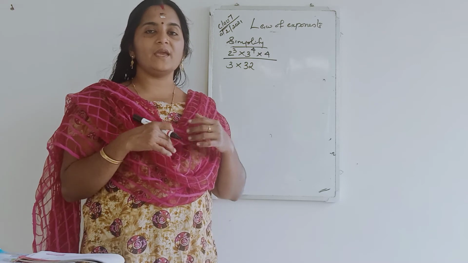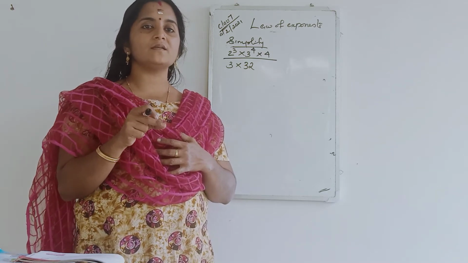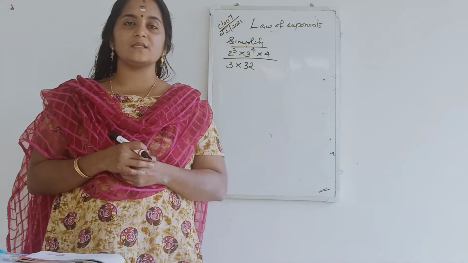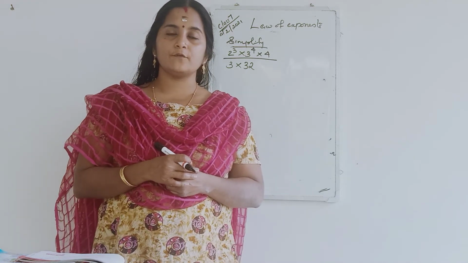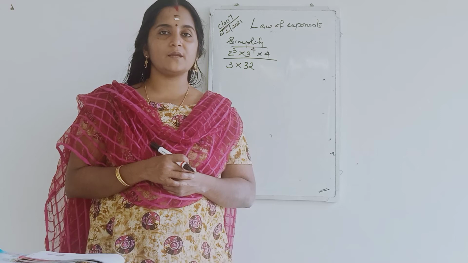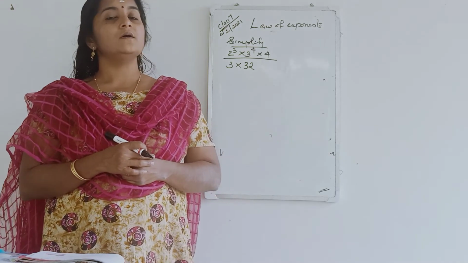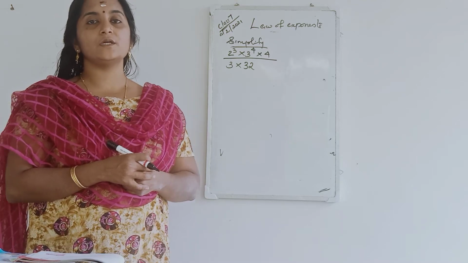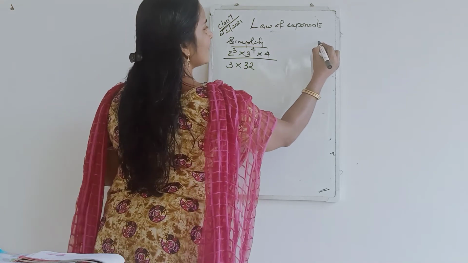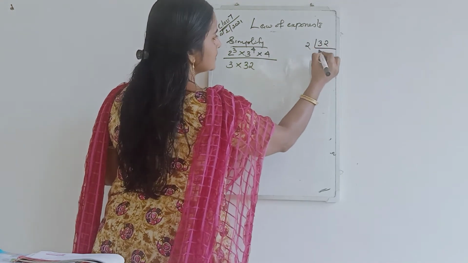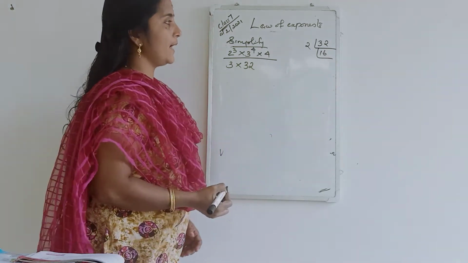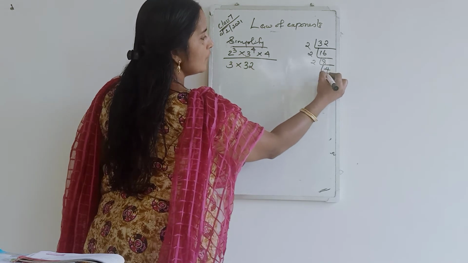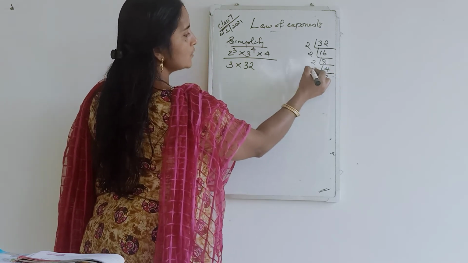So here we convert that 32 also into powers of 2, because it is not possible to write it in the form of powers of 3, because it is an even number. 32 is an even number, but we can write it in the power of 2. So first we split 32 into a product of primes like this: 2, 2s are 16, 2s are 8, 4, 2, 1. Counting the 2s: 1, 2, 3, 4, 5.